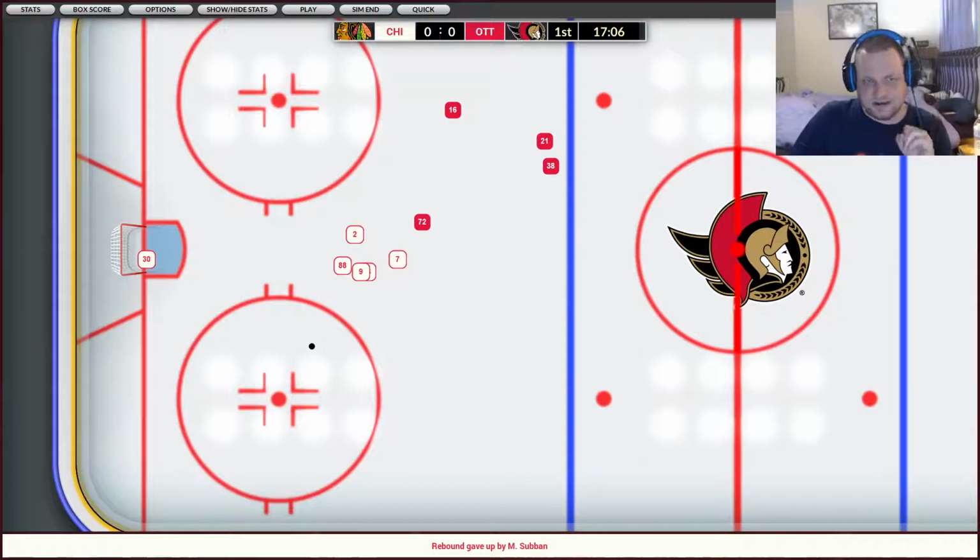Now the crease is almost more symbolic than anything. Of course, if you try to crash into the goaltender on purpose, you're gonna get penalized for that, maybe even suspended, depending on what you're doing. But there's no strict rule where you cannot have your skate in that zone, like it used to be.